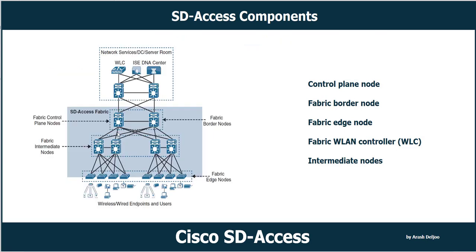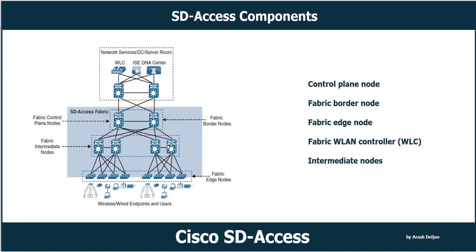This figure shows us the different SD-Access fabric design roles and how nodes in the fabric can play multiple roles. For example, here the core layer switches or core layer routers are acting as fabric border nodes and control plane nodes. As you can see, here we have fabric border node, fabric control plane node, and fabric intermediate nodes.